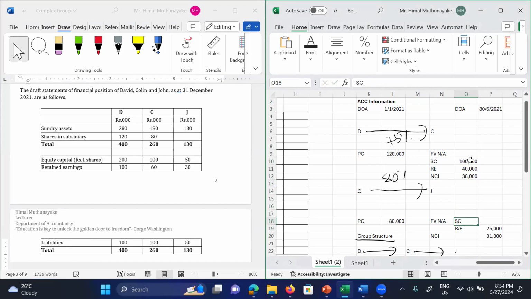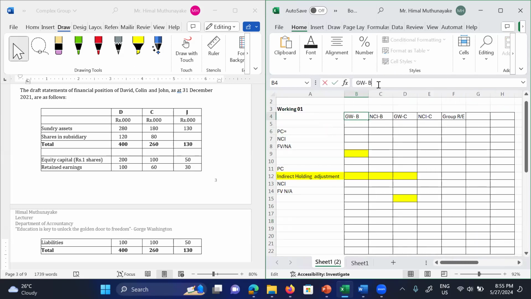And the J share capital is 50,000. So all done. All the information I have copied and pasted into the document. So now we can work on the question.